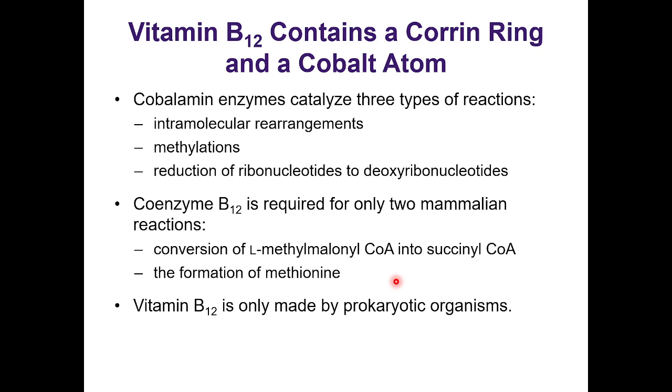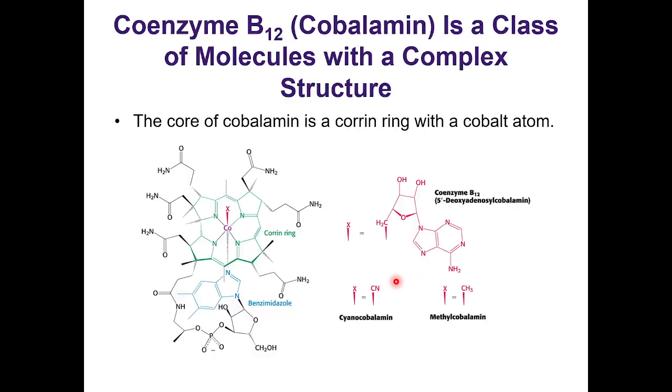The vitamin B12 is only made by prokaryotic organisms. Here's the core of cobalamin. It's a corrin ring with a cobalt atom. Here's the corrin ring right here, by the way. And then here's the cobalt atom right there. Okay? And that's that.